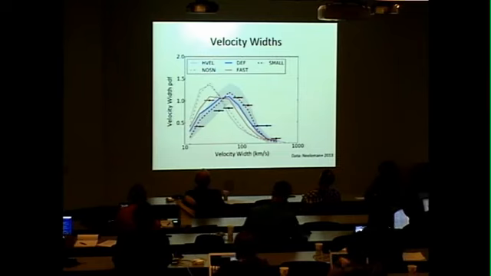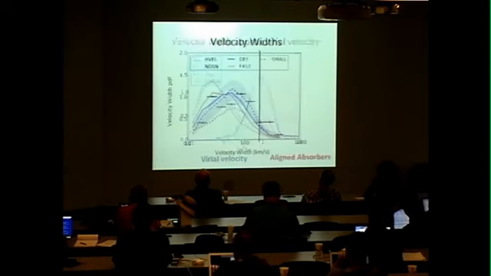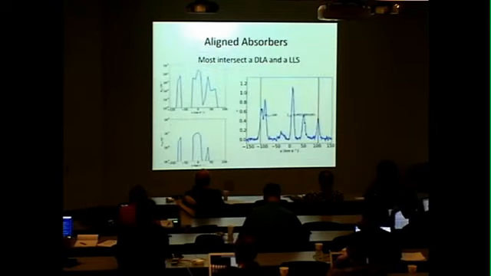How does this happen? It's very strange to have halos that have velocity width significantly greater than the virial velocity. The answer is that while up here you get DLA spectra that trace the virial velocity, down here you tend to get two absorbers aligned along the line of sight. So here's an example of this.